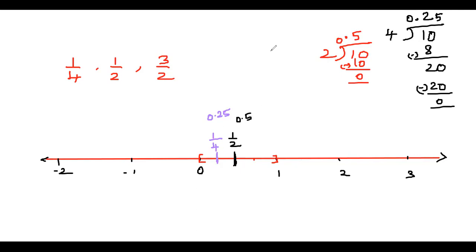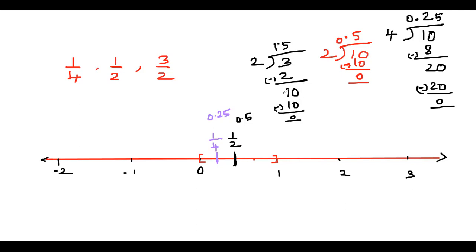So then you have 3 by 2. Converting this in terms of decimal is kind of a hack. Okay. You can convert it in the form of a decimal and you can check where you have to mark the rational number exactly. So 3 by 2 means 3 is a dividend and 2 is a divisor. 1 2 is 2 and you'll have the remainder, keep a decimal, include 0, 5 2s are 10.